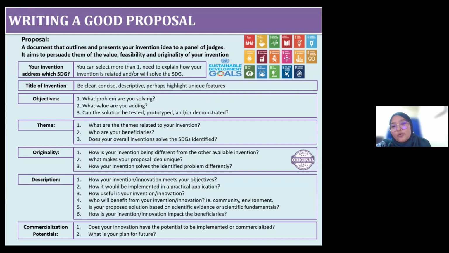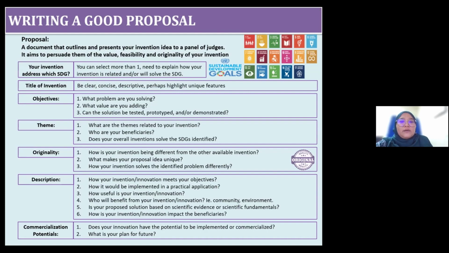We have written a few questions along with the subcomponents on how to write your proposal. If you are able to answer all the questions regarding the subcomponents that we are going to judge, clearly and with good elaboration and justification, you will have a good proposal.